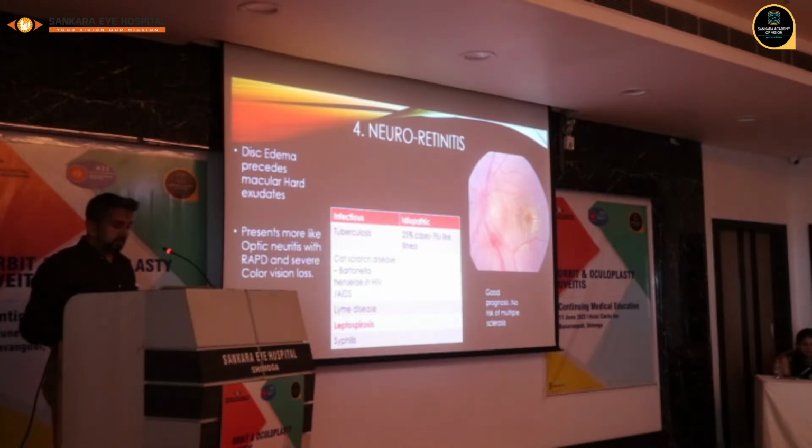But in neuroretinitis, what I like to highlight is mainly there's a lot of disc edema. It has optic neuritis-like features. There's a lot of decrease in the visual acuity, and disproportionate color vision loss. So there's a disc edema with the surrounding exudative RD, which causes a lot of hard exudates later with a macular star appearance.